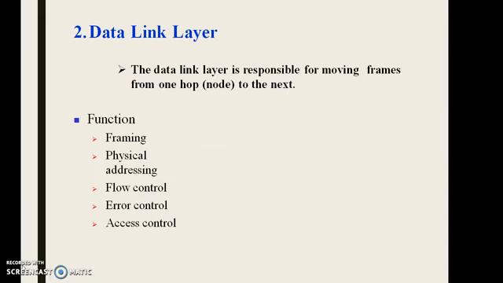Second, data link layer. The data link layer is responsible for moving frames from one hop, node, to the next. It is also responsible for transmitting a group of bits called frames or packets to the adjacent node without error, node-to-node delivery. The network layer passes a data unit to the data link layer.